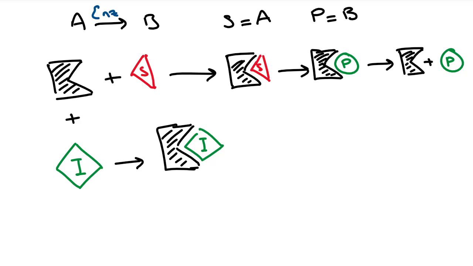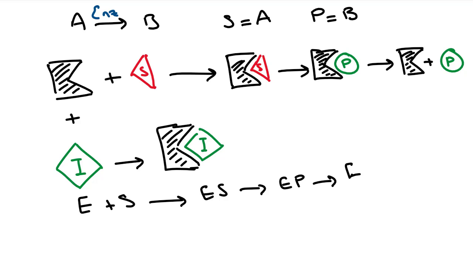So this can be written out like this. I'm just going to get rid of all the shapes and write it out. So we have, going from the top, enzyme plus substrate, giving me enzyme substrate, which gives me enzyme product, which then gives me enzyme plus product.